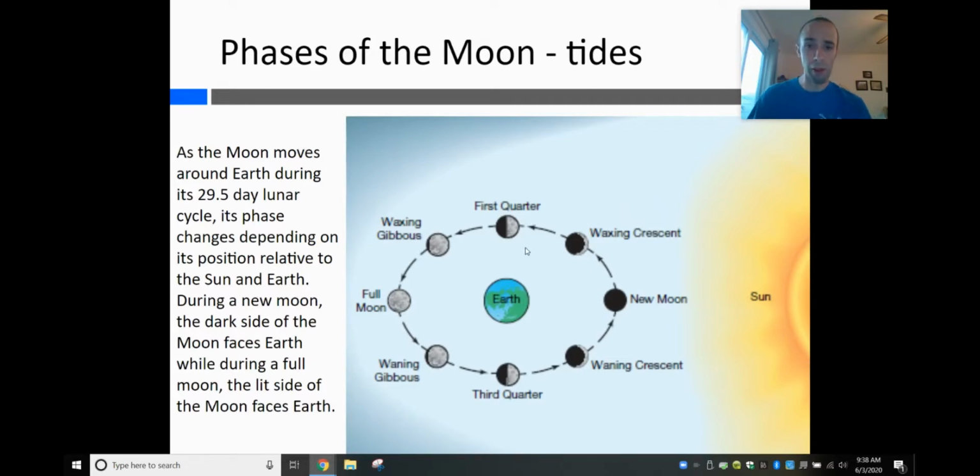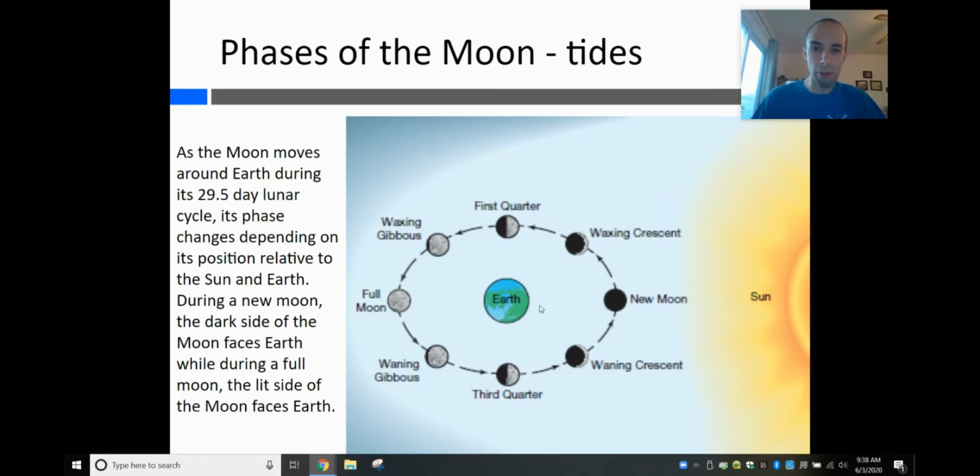So let's take a look at this system here. Remember, I said earlier that the moon has the primary effect on tides. The sun does as well, but not as much. Now, it is possible for this to all work together.